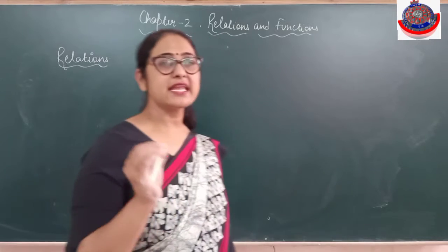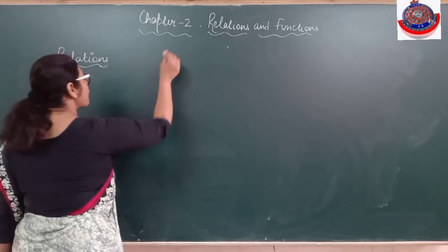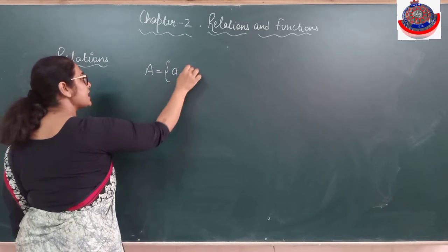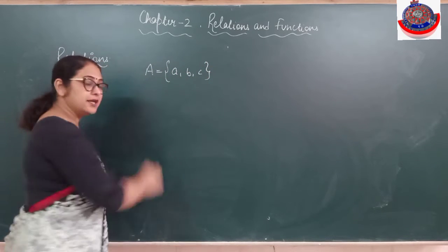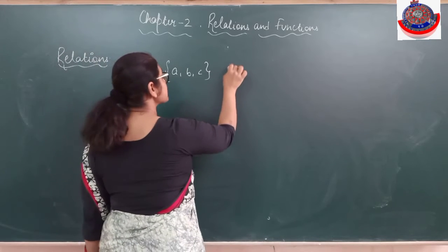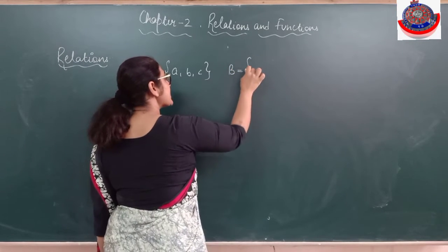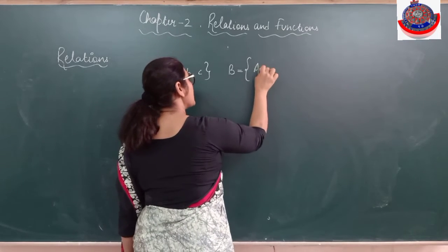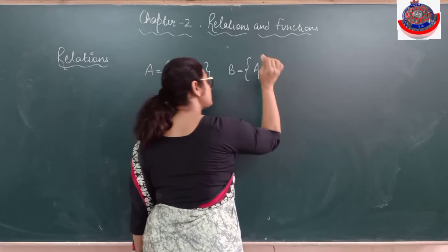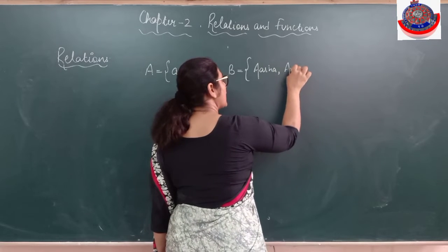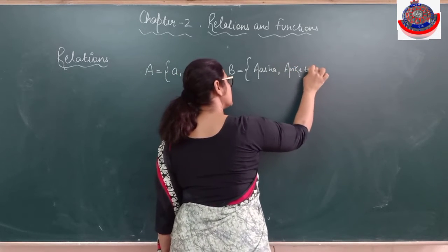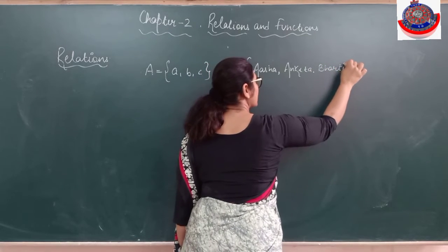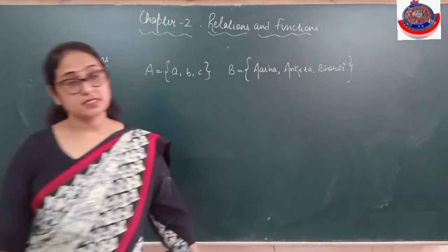Let's pick up an example, then I will explain this. For example, there is a set A which has the letters a, b and c. There is another set B which has the names of certain girls, say Asha, Ankita, Bharti, and that's it.